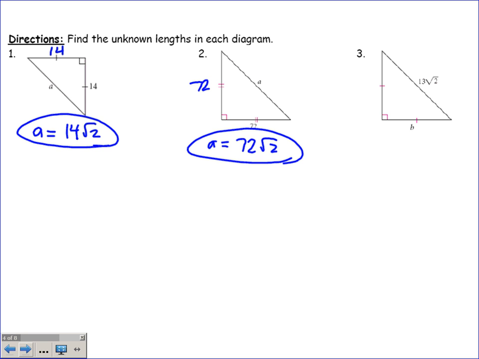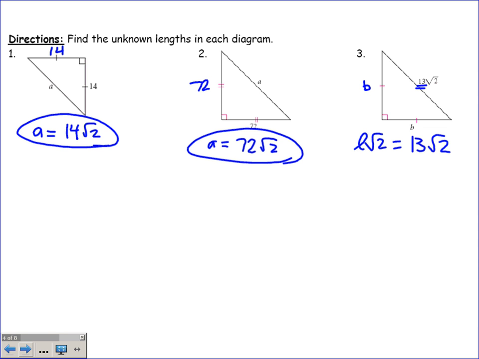That's awesome. Number 3, a little bit different. This is B. So we have to say that L times the square root of 2 is going to equal 13 times the square root of 2, like that. I'm doing this because we're going to use this same mentality later on.